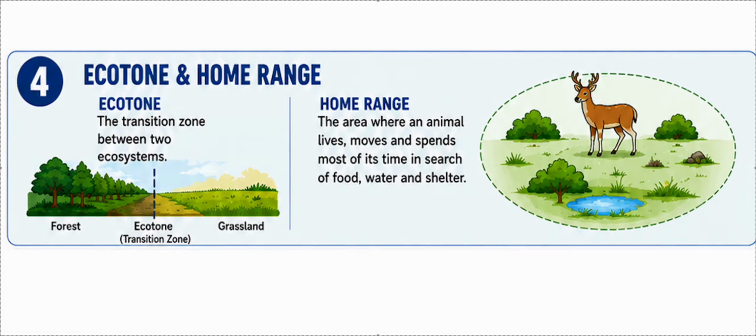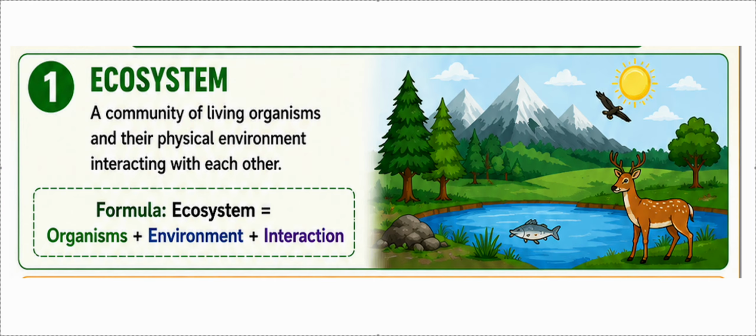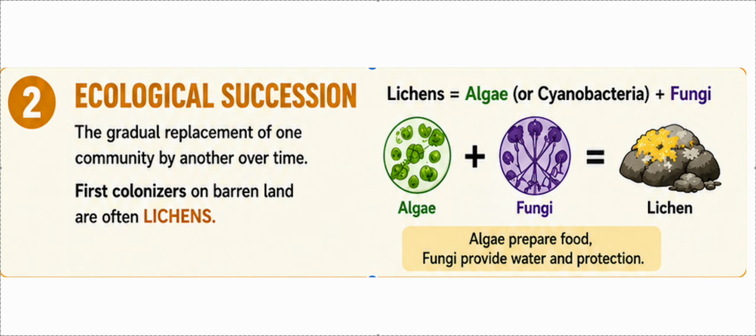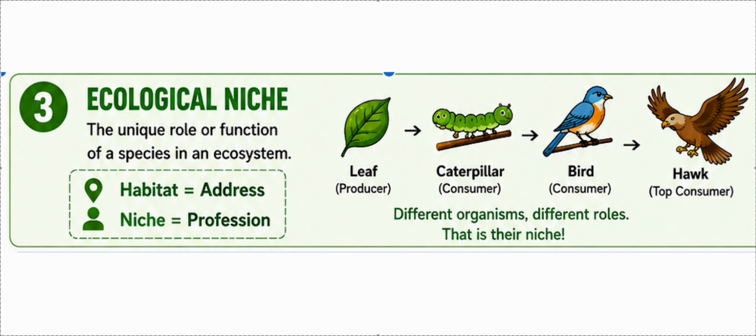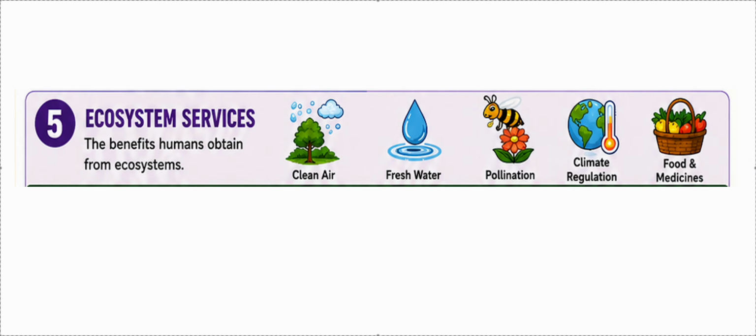Then ecosystem services means benefits which we get from nature. Ecosystem means everything together. Succession means sequence of communities. Niche is nature's job, ecotone is a place where two ecosystems meet, and ecosystem services are nature's free gifts. So these are some of the memory tricks which I told you just now.